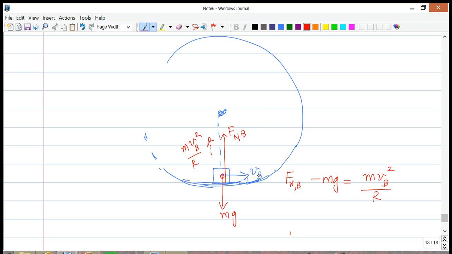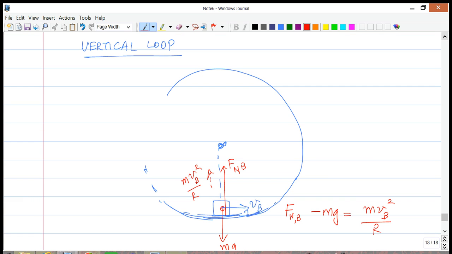From here we can figure out everything we need to, either the contact force at the bottom or the speed given the contact force. Now on the other hand, if it's at the top, once again we have the contact force pushing it down, Fn top, we have mg pushing it down, and the result is m v top squared over r.